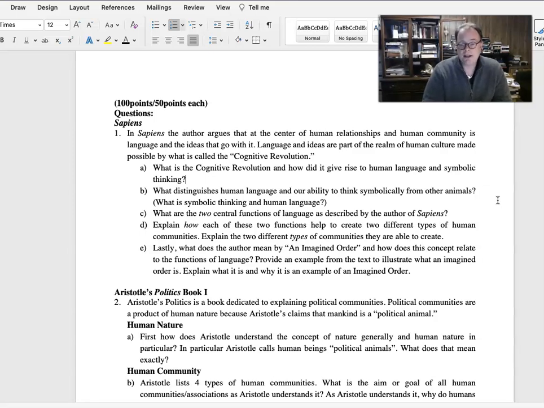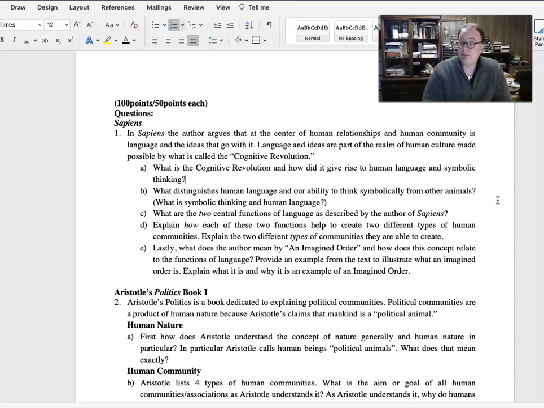Okay, so the first part. What is the cognitive revolution and how did it give rise to human language and symbolic thinking? Right? Basically asking, what is the cognitive revolution? And in a sense, how did it make us who we are? B, what distinguishes human language and our ability to think symbolically from other animals? Right?